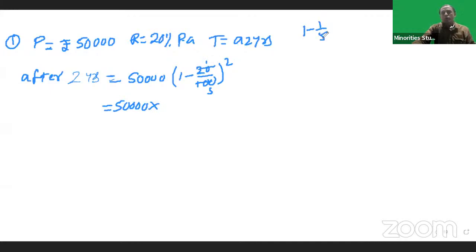What is 1 minus 1 by 5? 5 minus 1 is 4, so 4 by 5 whole square.